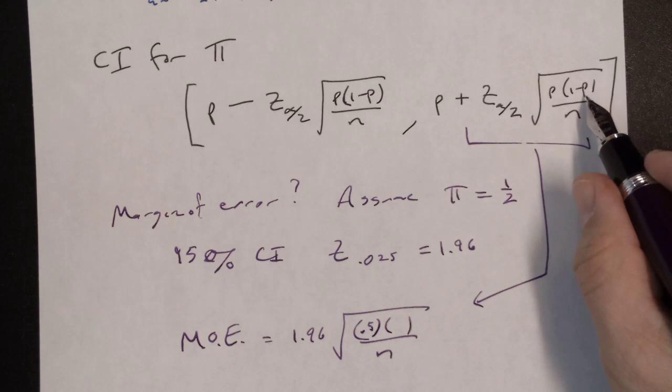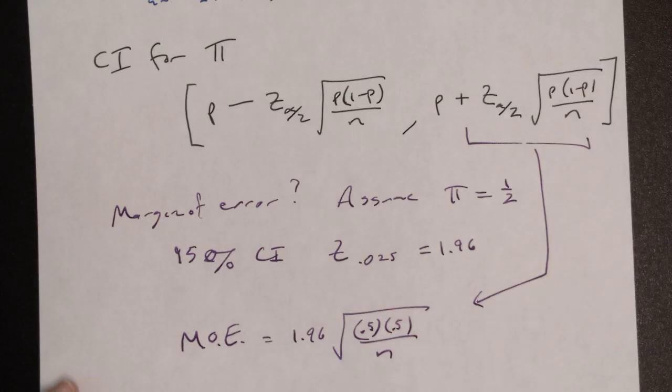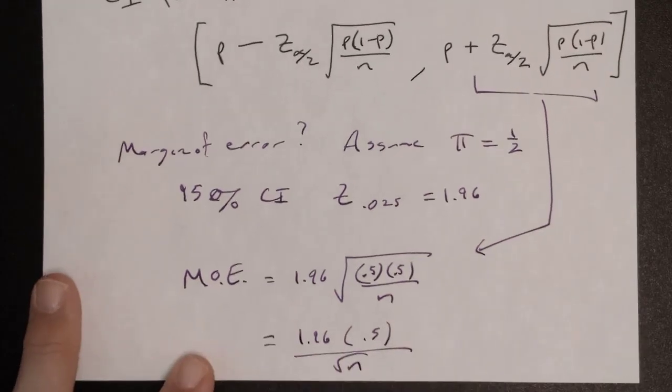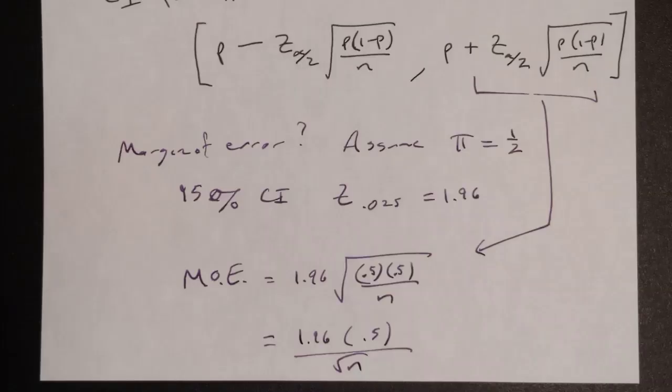What's this one? It's also 50%. Well, that just made my life really easy, didn't it? So the top of that is 0.5 times 0.5. That's squared, isn't it? And when you square root a square, they cancel each other out. So I have 1.96 times a half over the square root of n. The more people I survey, the smaller my margin of error gets.